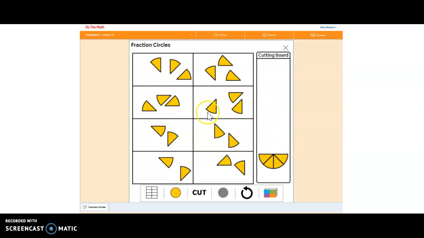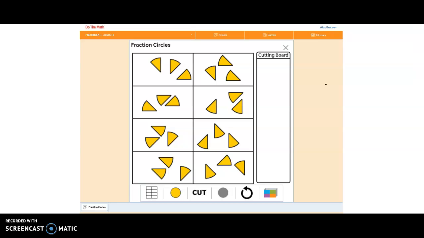Okay, so you see, how many pieces do we have left? 4. So how many eighth pieces does it look like there is for 8 people? What would that fraction look like?